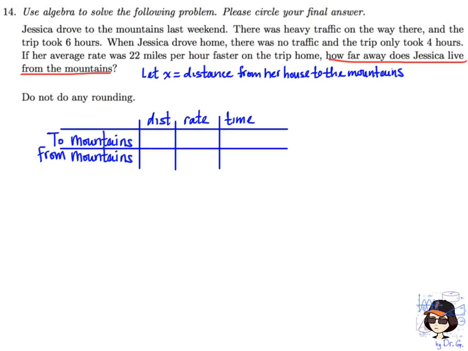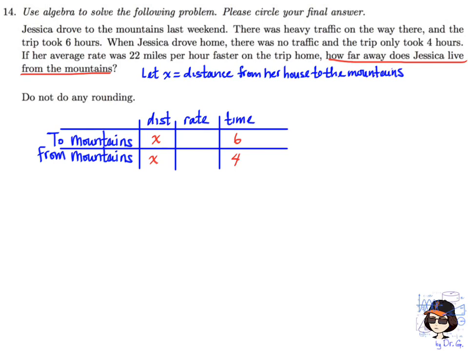Okay, now let's start filling it in. So the distance in both trips is x, because she went to the mountains and she went home. She didn't add any distance in either trip. So her time, let's see, the times were 6 hours and 4 hours.